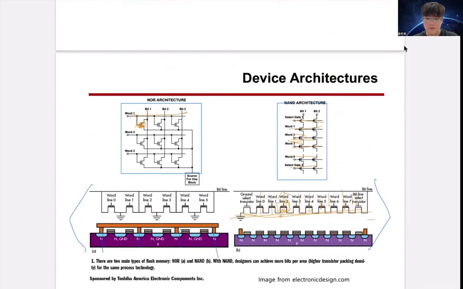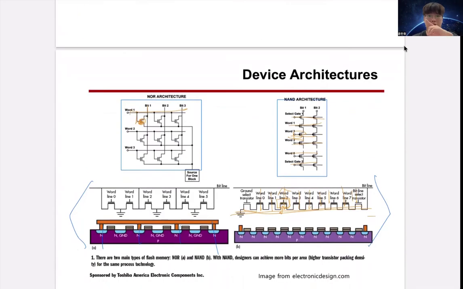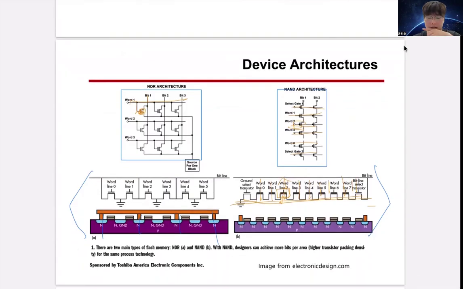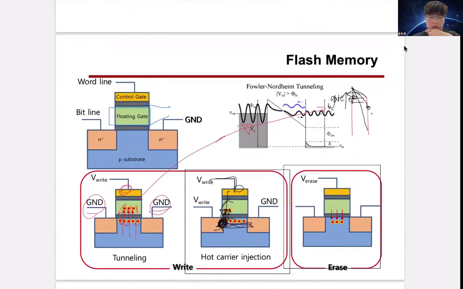And one important point is this state and this is the oxide. So there is an oxide barrier. If we store electrons on the floating gate and cut off the bias, the electrons cannot go away from the floating gate.